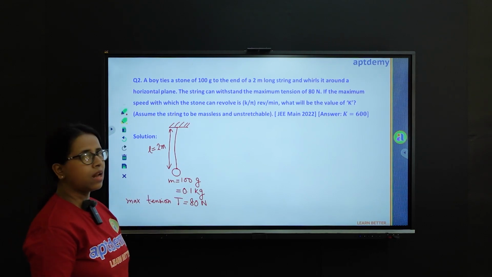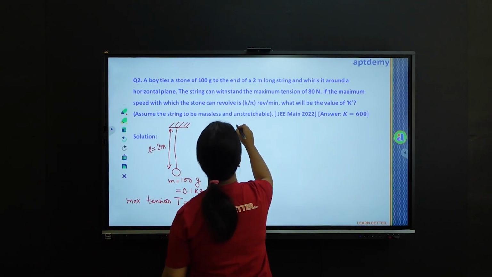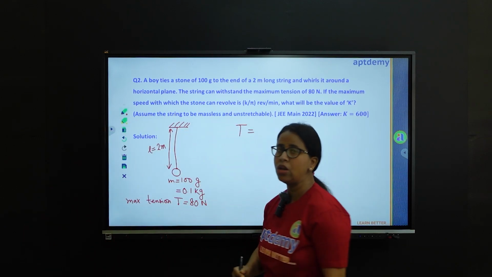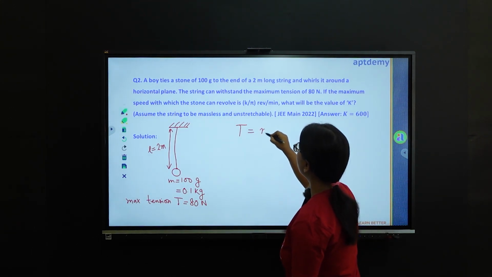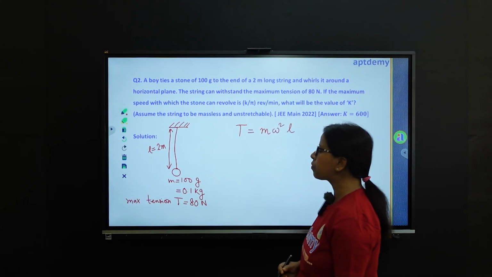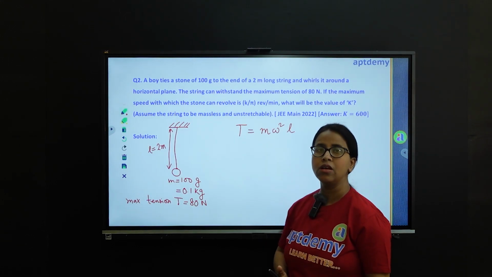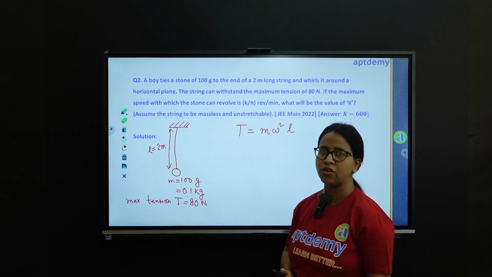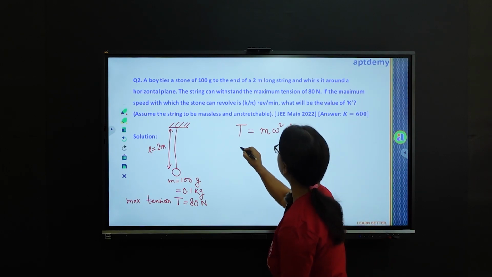So let's analyze that part. We have the tension T as equal to, if we recall our formulas of uniform circular motion, m omega square L. So this is the maximum tension for moving in circular motion, that is centripetal motion in fact, and from here we can find out omega.